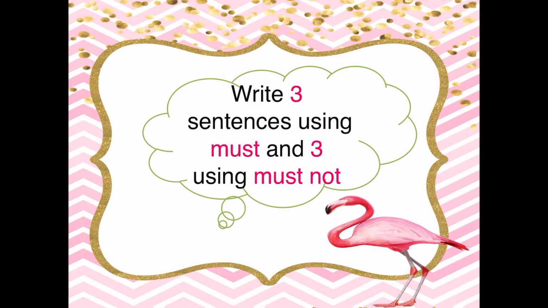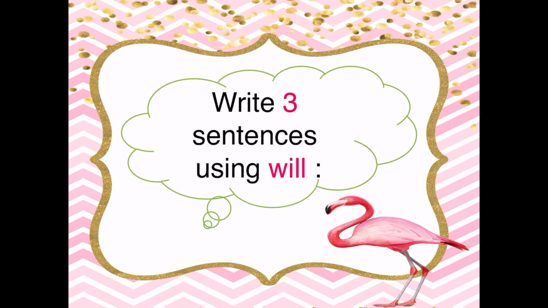I mustn't shout. I mustn't play with knives. Now, write 3 sentences using will. I will do my homework. I will help my mother. 3, I will brush my teeth.